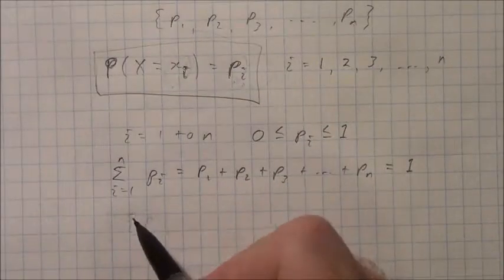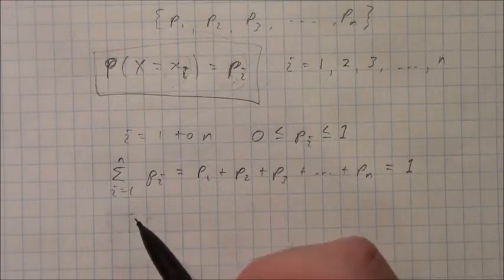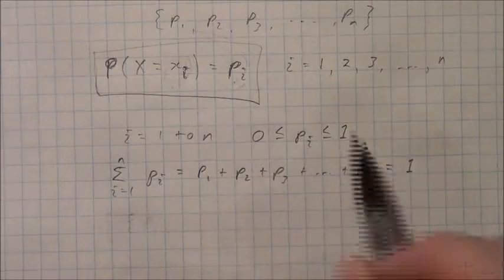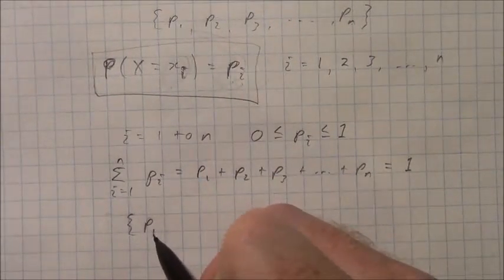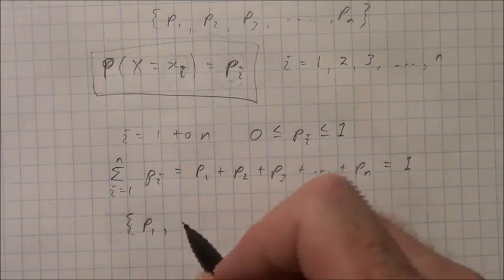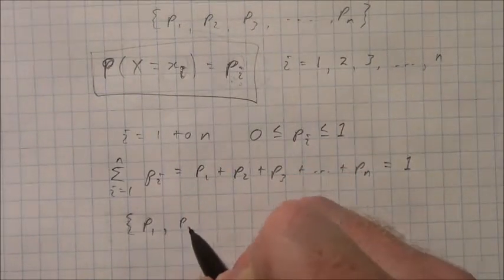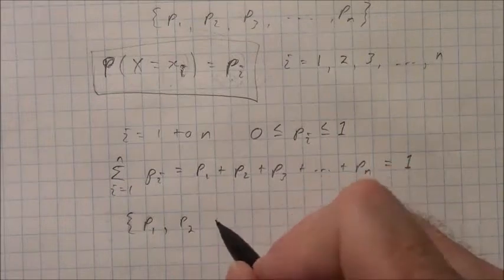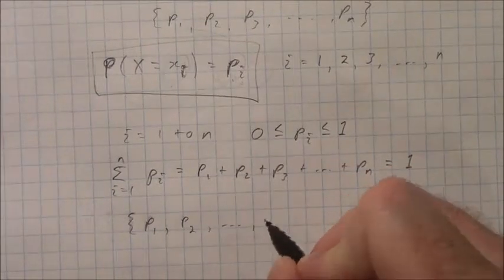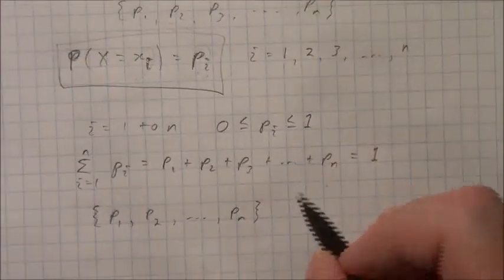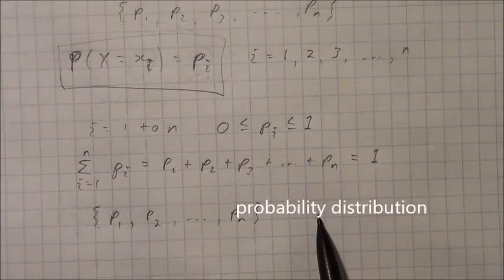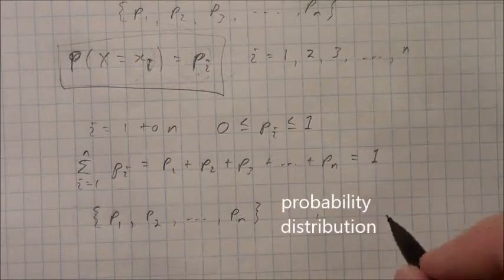And the last condition of these probability distributions, which is nothing really too earth-shattering, is that the set of all these probabilities describes the probability distribution of x.